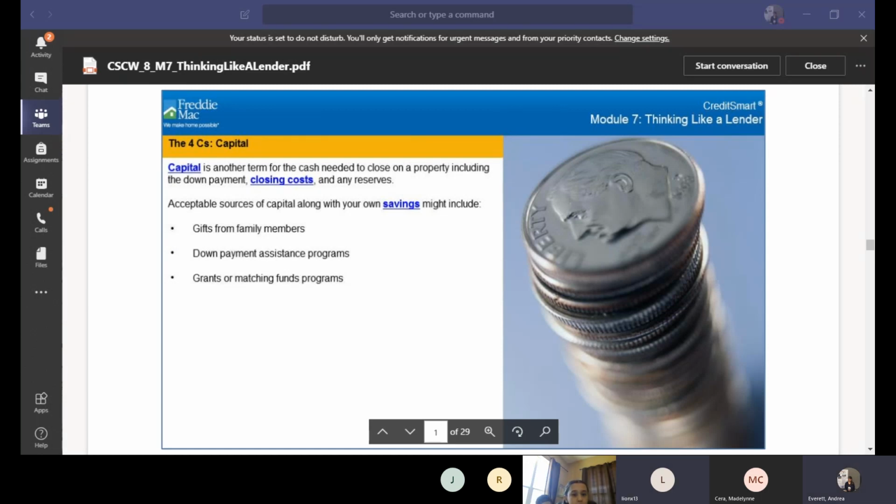Okay, well then I'd say grant or matching fund programs. Right. Okay, so there's a lot of programs that you can get a grant to start a homeowner's home loan, right?